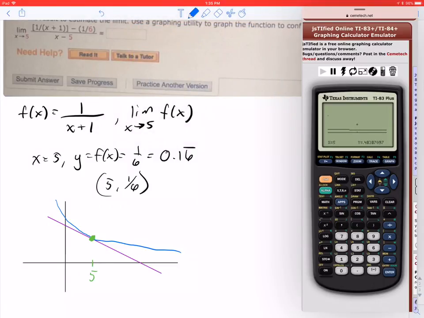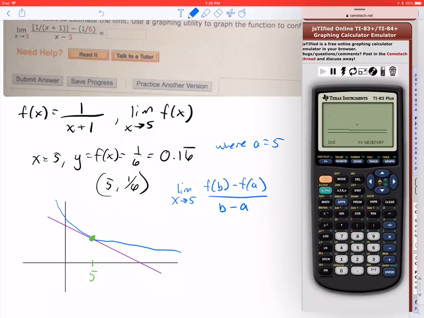So one technique is that we could do, if we want the limit as x approaches 5, now this might be a little off, but we could say f of b minus f of a over b minus a, where your a is 5. I'll leave it as x approaches 5.